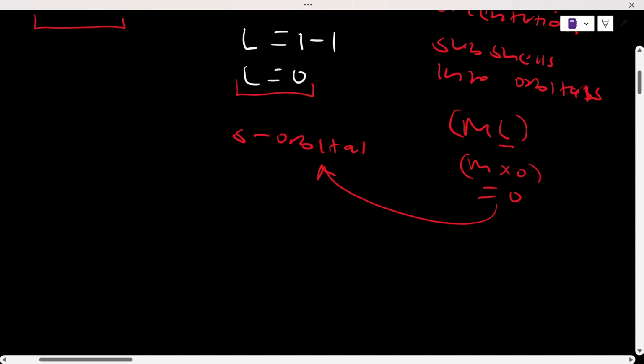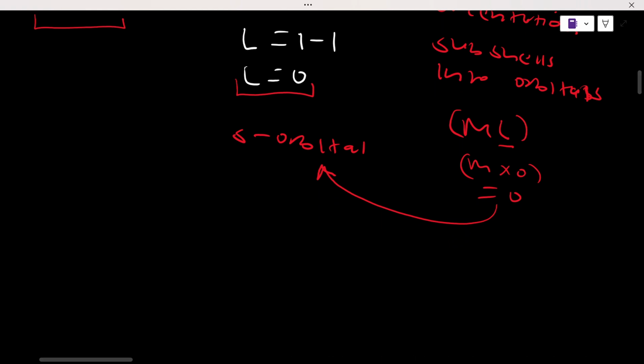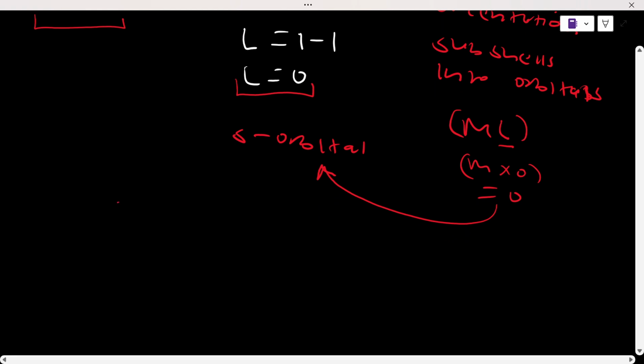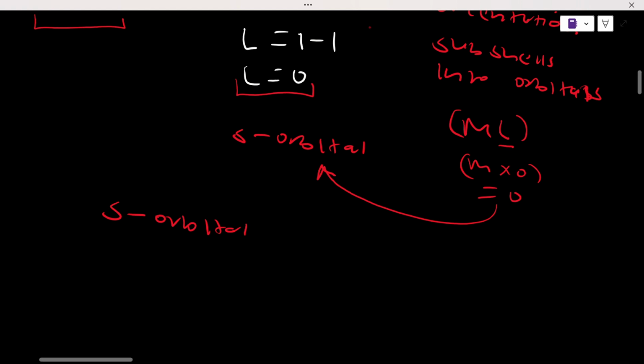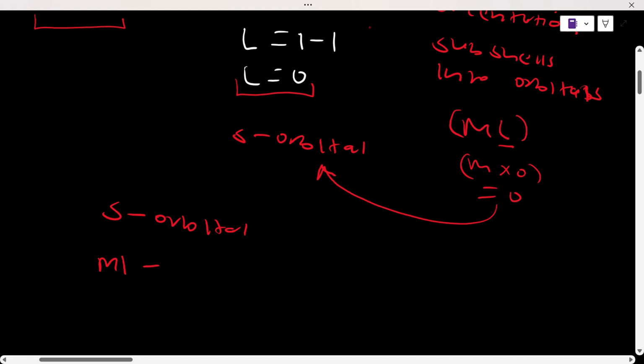When that happens, now what is the orientation of that given orbital? So when I'm having s orbital, my ml is going to be 0.